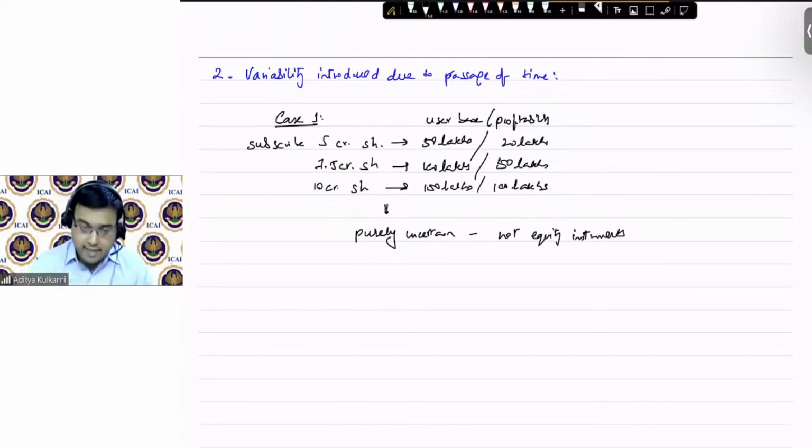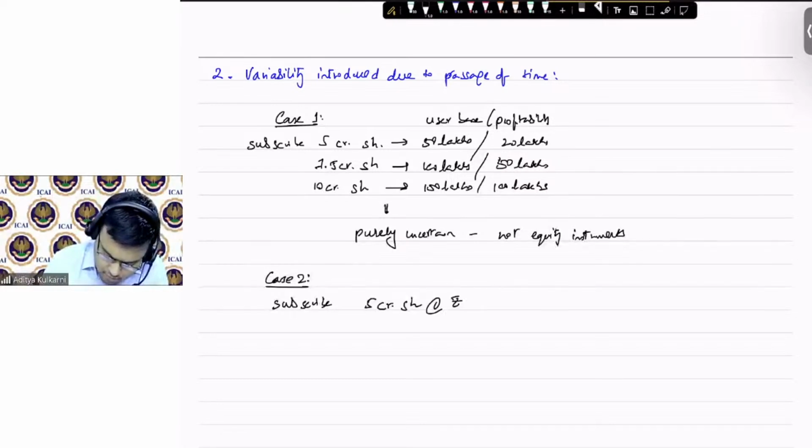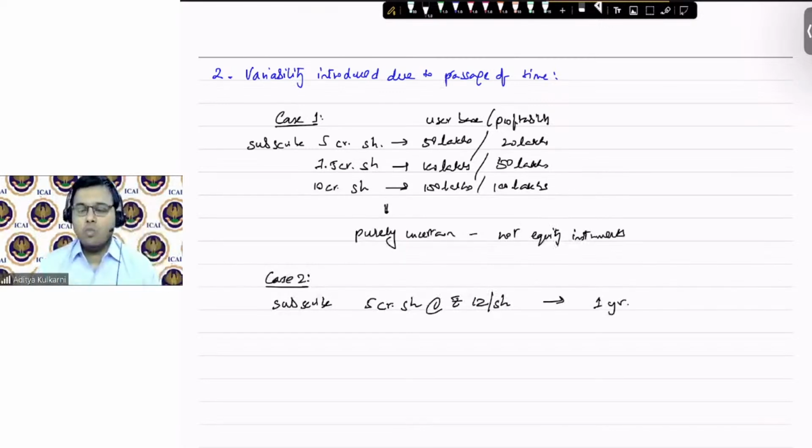Okay, but a second case may arise. Now look at this, and this is where it appears to be a little off track. Suppose I say that I am going to subscribe 5 crore shares at rupees 12 per share if I do the exercising within 1 year.